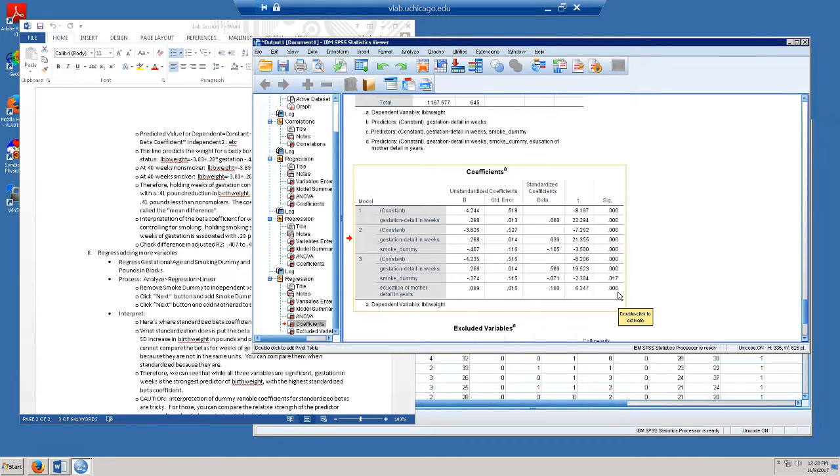So we can be confident that each of these makes a difference in determining the weight of the baby. If you have a coefficient that's not significant, that just means that we can't say that there's an association between this variable and our outcome variable.